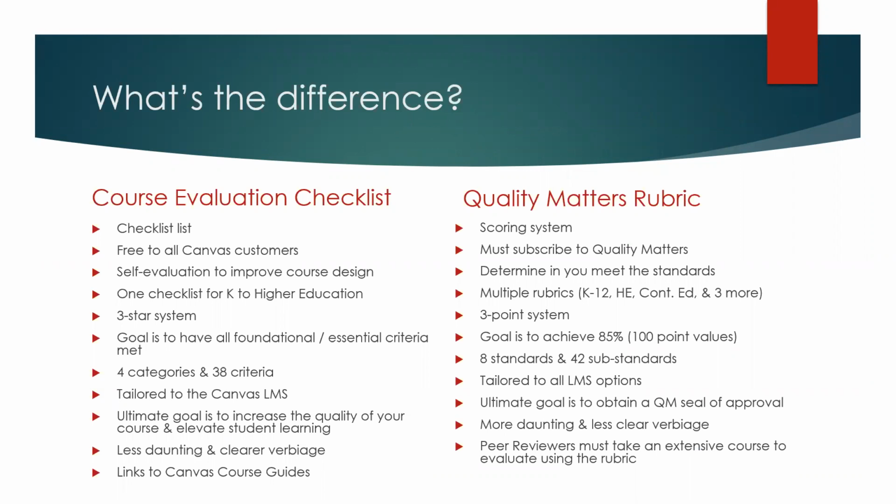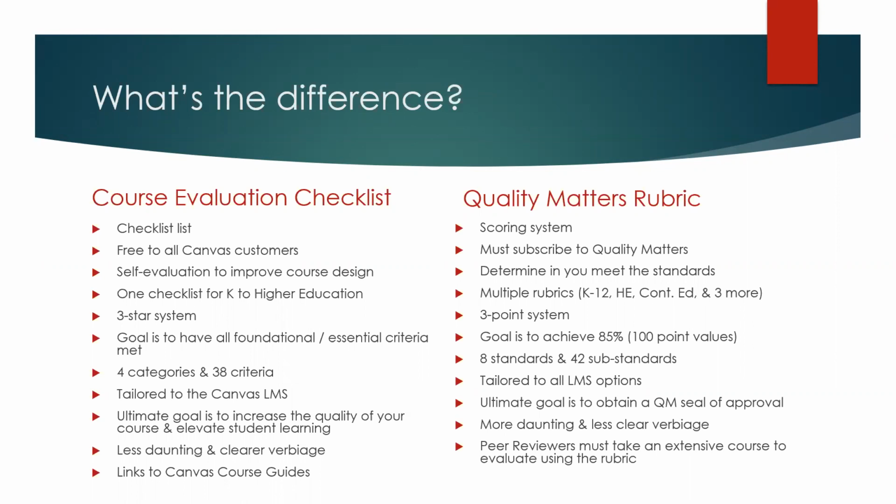The intent of the self-evaluation checklist is to improve your course design, whereas the Quality Matters rubric is to determine if you meet the standards that they set forth. Canvas only has one checklist that caters to K through higher ed, while Quality Matters has 6 rubrics that cater to K through 12, higher ed, continuing ed.